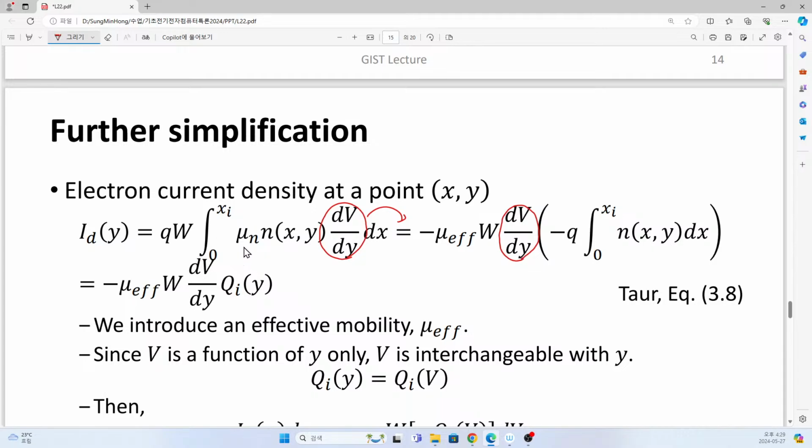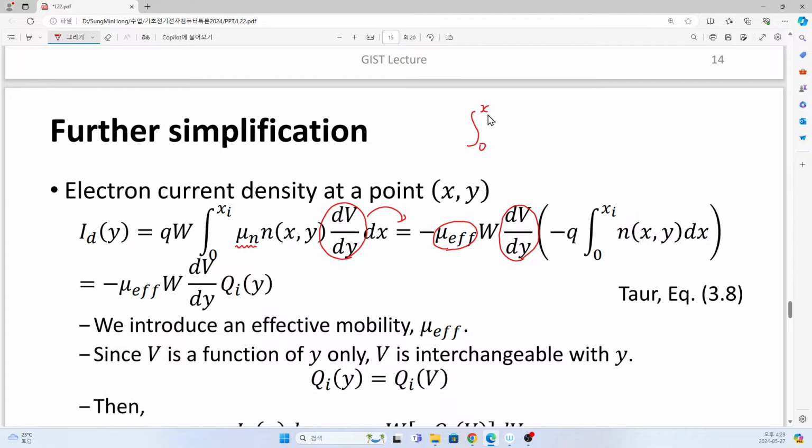Also, this mobility can be a function of position. However, instead of that, we just introduce an effective mobility. So please let me write it down this way.